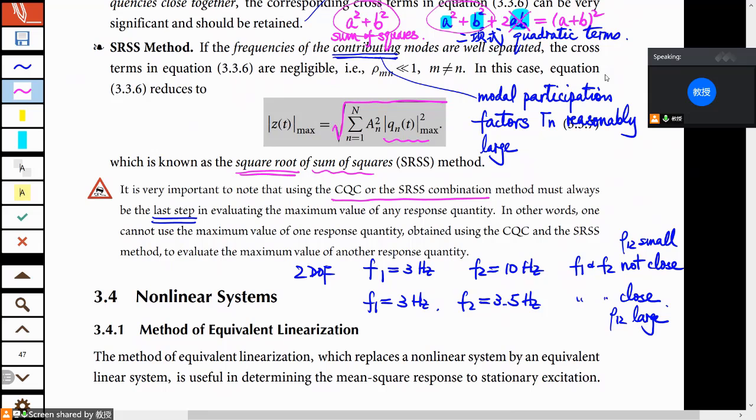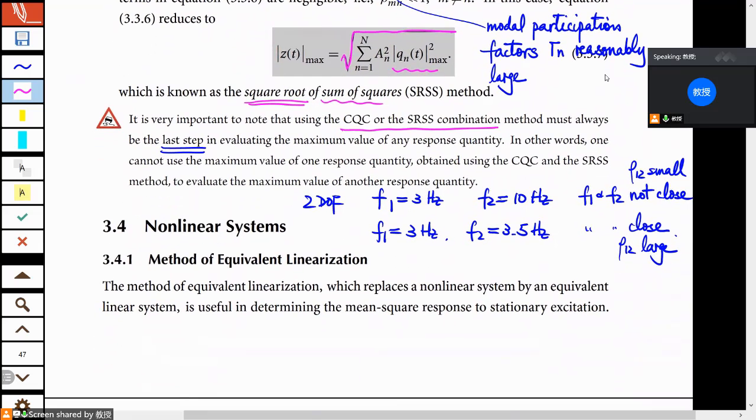Okay, so now we study a new topic on nonlinear systems. For nonlinear systems, in general, we have two very popular methods. One is the method of averaging. When we looked at the dynamic stability, I introduced the method of averaging a bit.